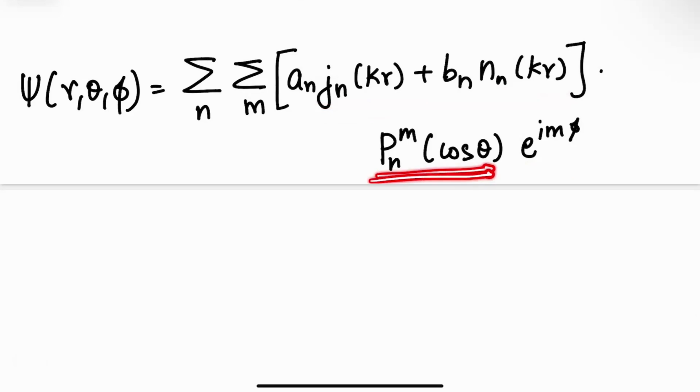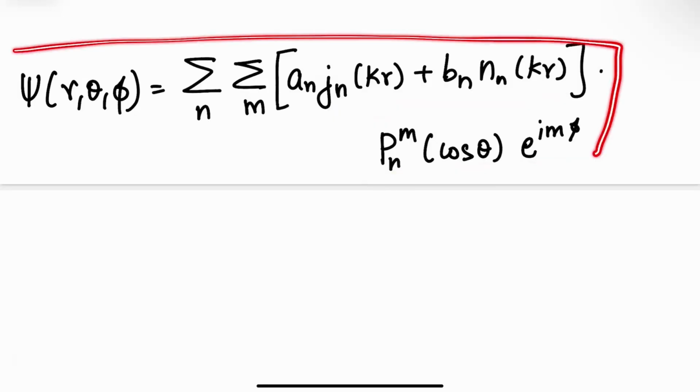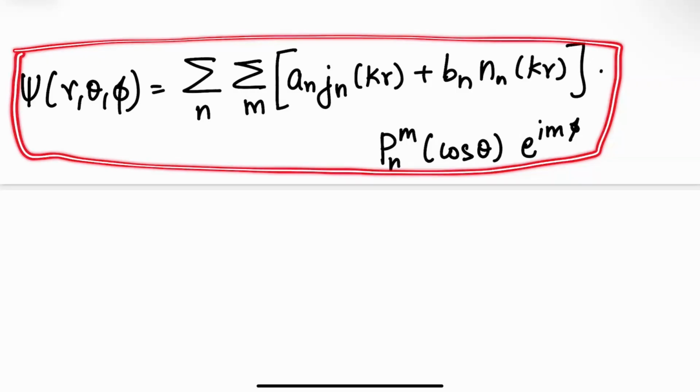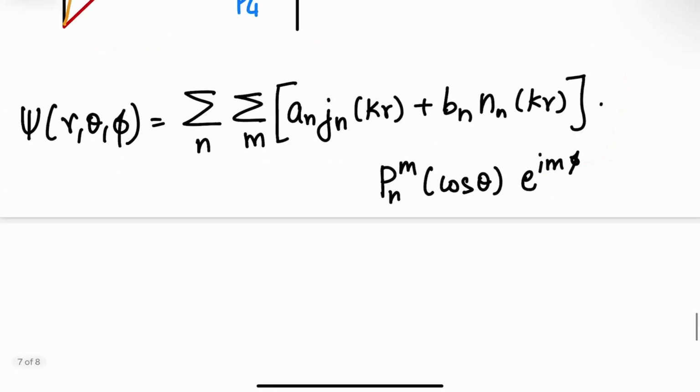These guys represent some kind of polynomial function in theta. This is just our cosine and sine in phi. Okay, so the combination of all of these is called the spherical wave expansion. So this is in fact the spherical wave expansion.